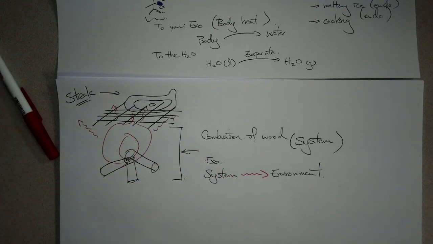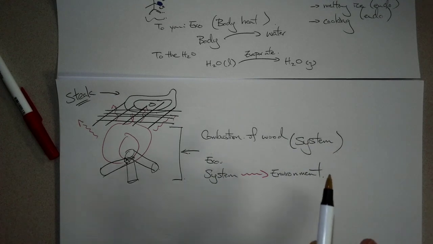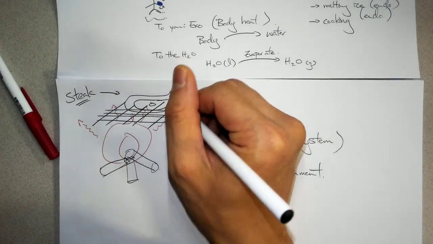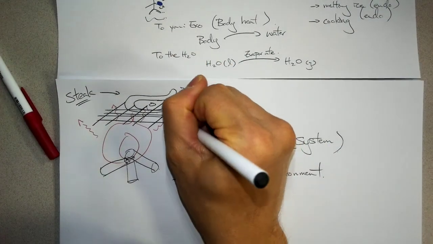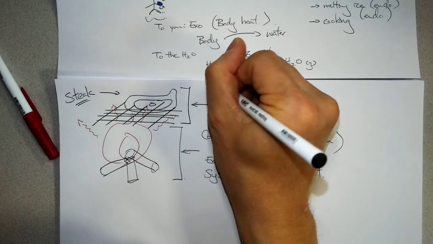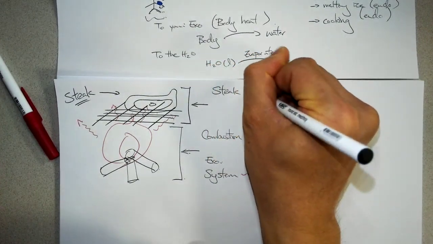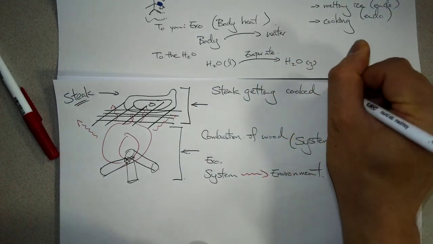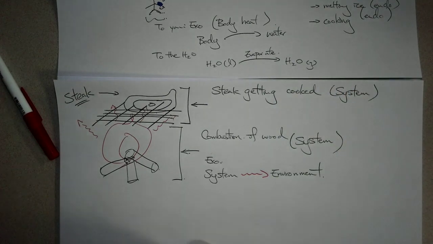Now, keep in mind, I was talking about system and environment, and this is the very important point. So, if I'm looking at the steak that is on top of the fire, if I treat this as my system, steak getting cooked, okay, if that is my system, is this endothermic or exothermic?